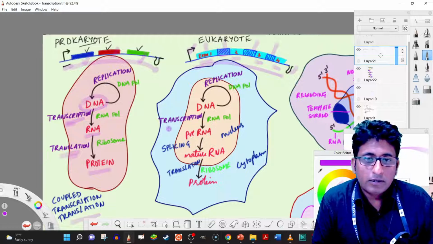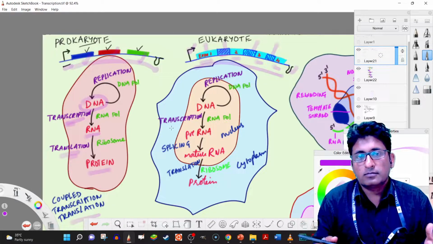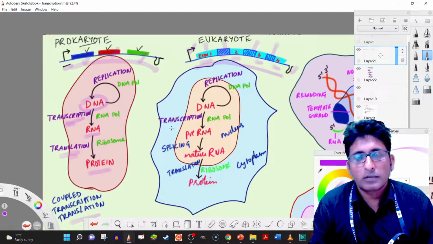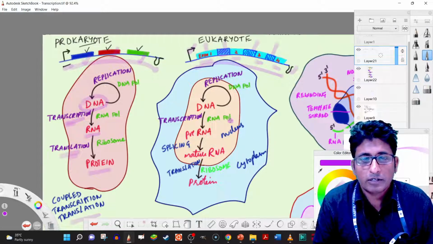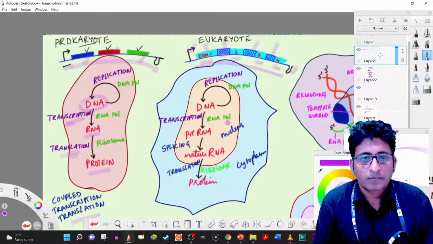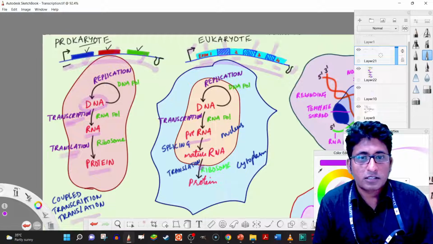In eukaryotes, we have a nucleus where replication and anything to do with the genetic material happens. That is, replication, recombination, anything happens in the nucleus, because that is where the DNA is. And transcription also happens there because DNA is the template.